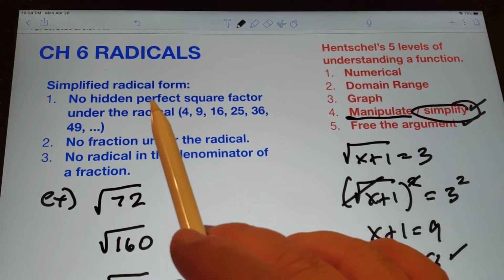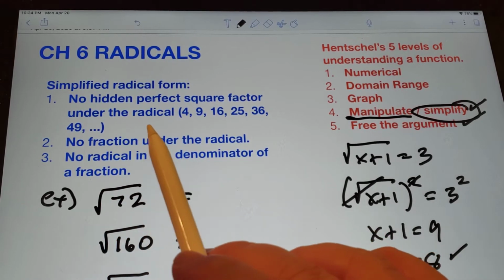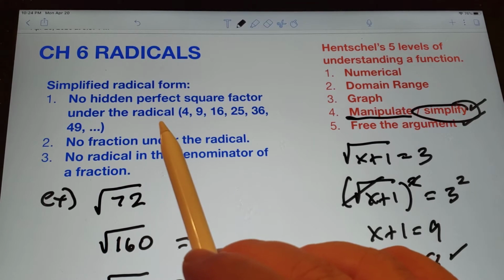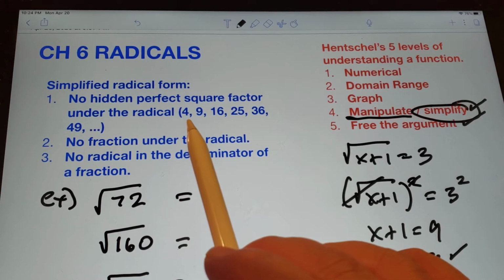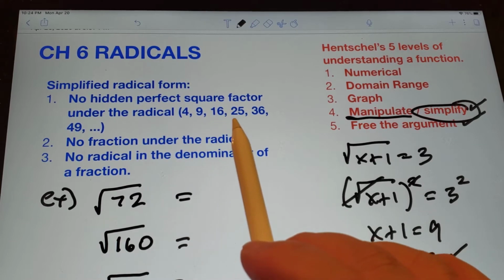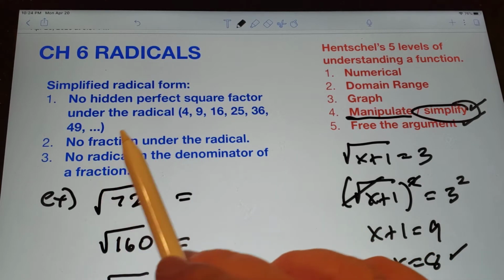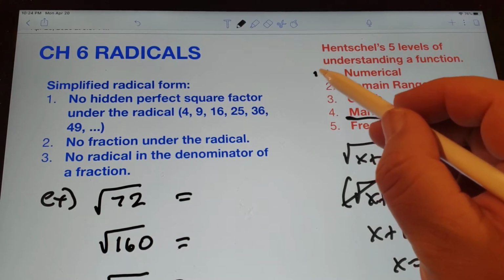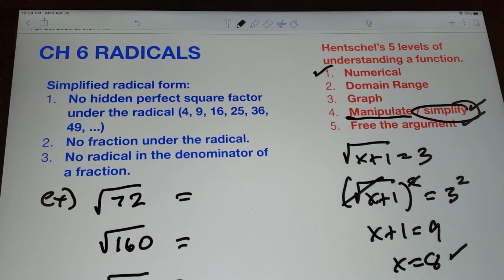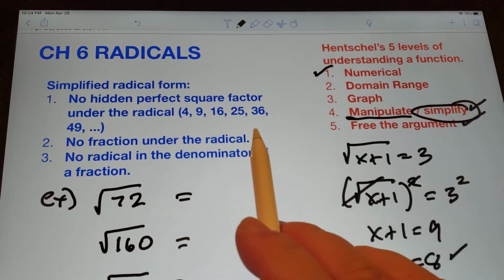No hidden perfect square factor under the radical. So no hidden perfect square factor under a square root, because I'm talking about squares. And I listed some perfect square factors. Like 4 is a perfect square, 9 is a perfect square, 16, 25, 36, 49, etc. And you can see where a numerical understanding comes in, because if you don't understand square roots, you wouldn't understand that those are perfect squares.